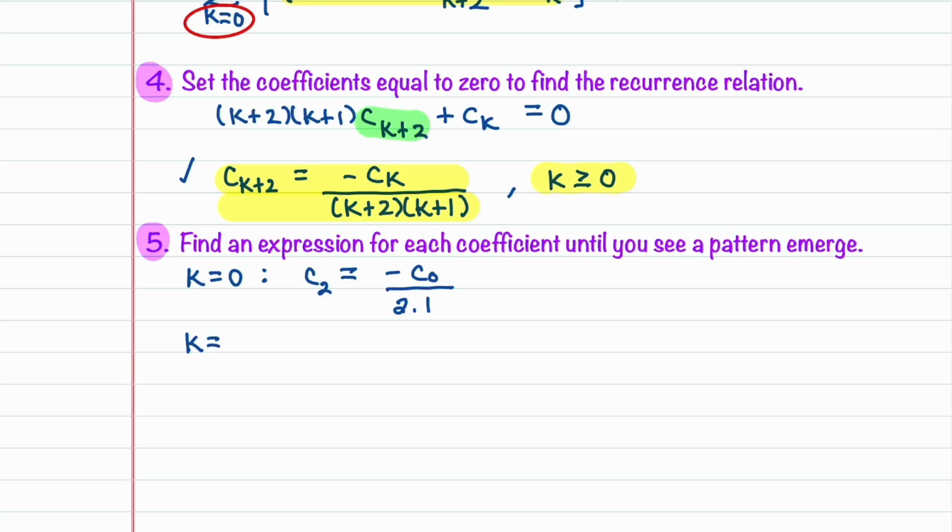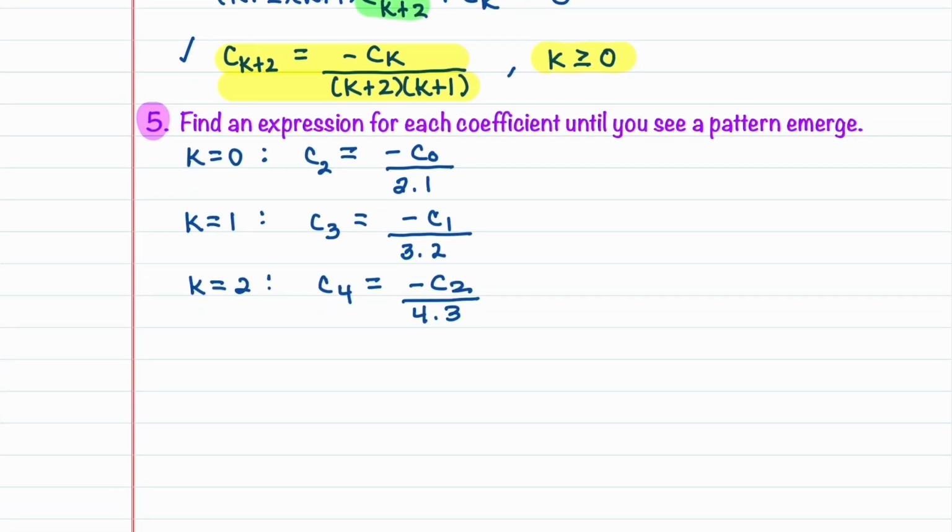When k is equal to 1, k plus 2 is 3, so we have c3 is equal to minus c1, all divided by k plus 2, which is 3, and then k plus 1 is 2. Now let's do k is equal to 2, and we get c4 is equal to minus c2, all divided by 4 times 3.